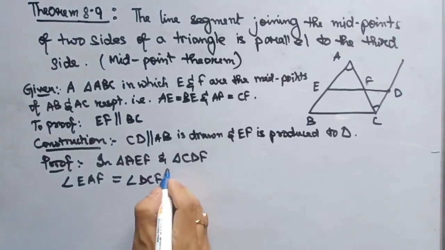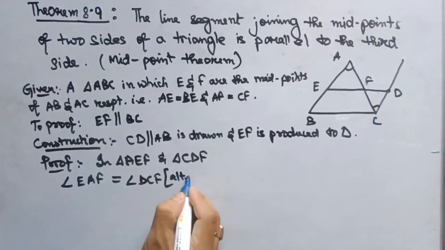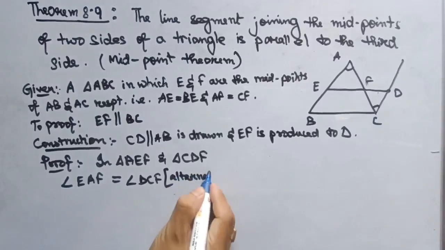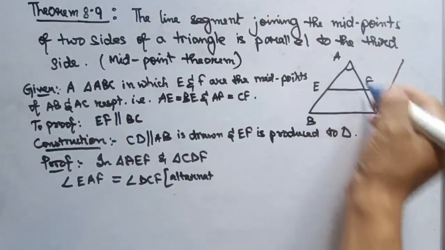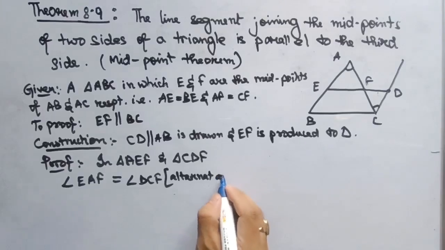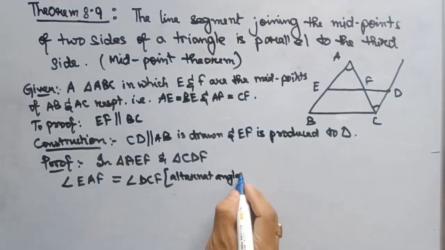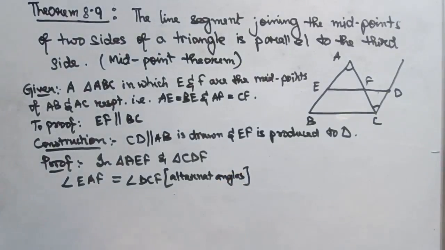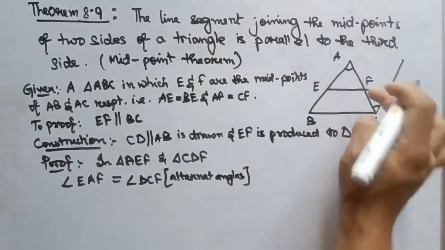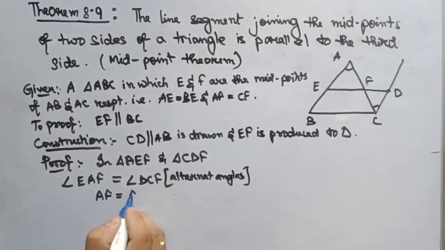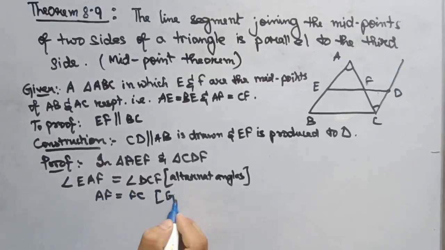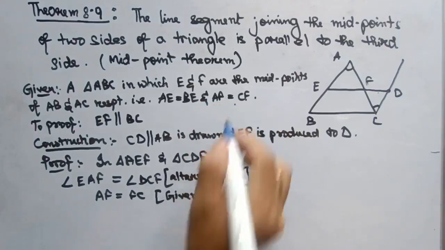Why? Because these are the alternate angles for the line segments AB and CD and the transversal AC. And AF equal to FC. This is given information as F is the midpoint of AC.